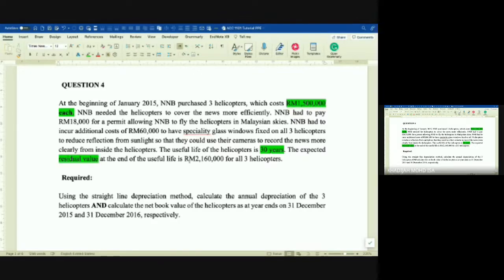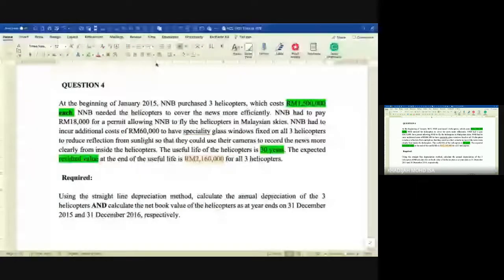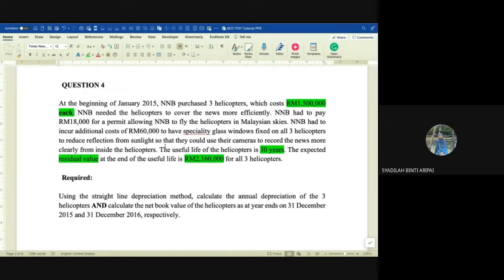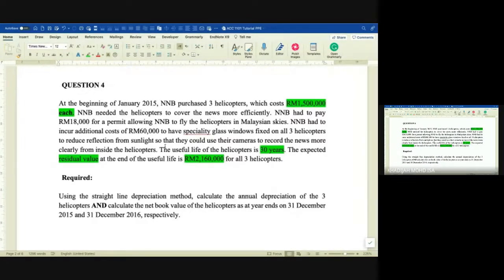How much is residual value? 2,160,000. And then what else we have? Additional cost 60,000 here. Yeah, so that is information.